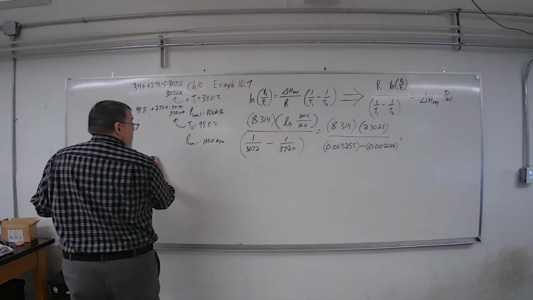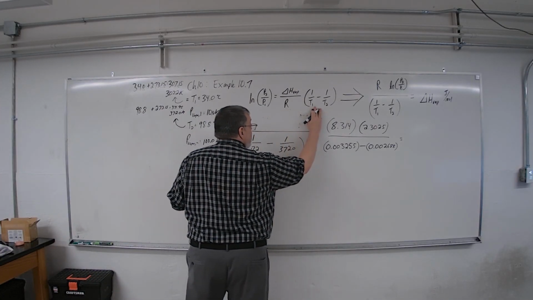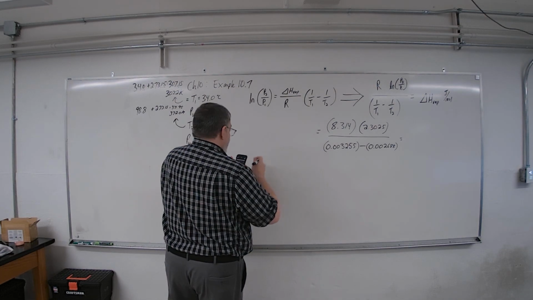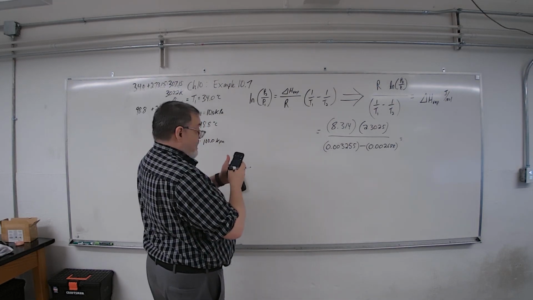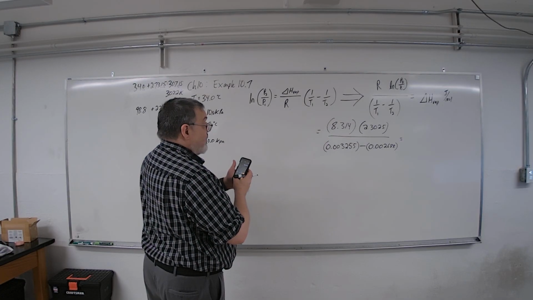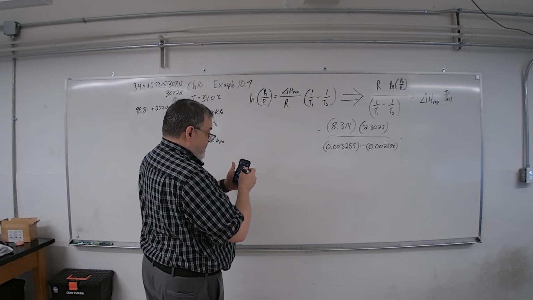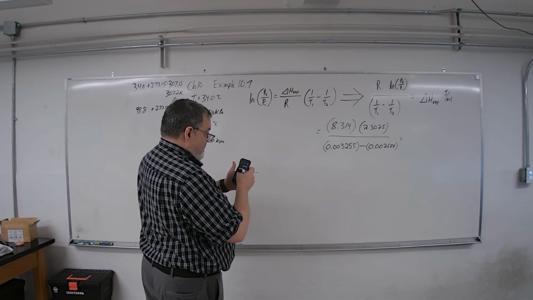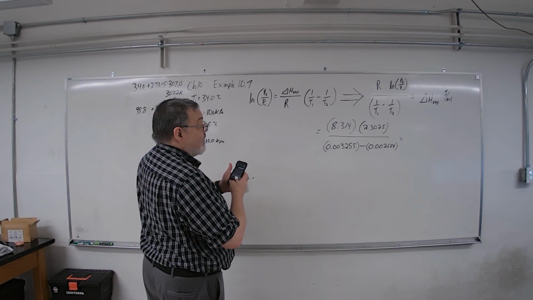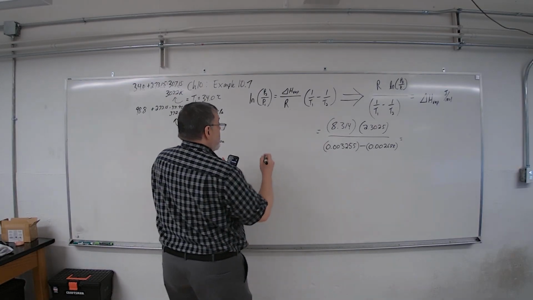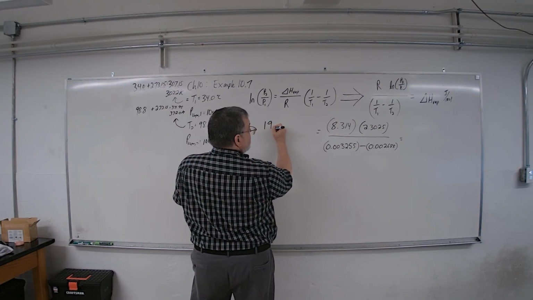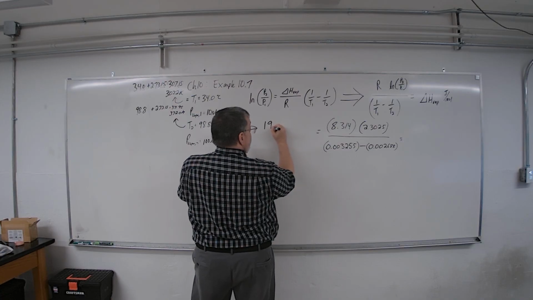So again, this is just plug and chug. I'll do the numerator by itself: 8.314 times 2.3025. Yes, I'll keep 4 significant figures.